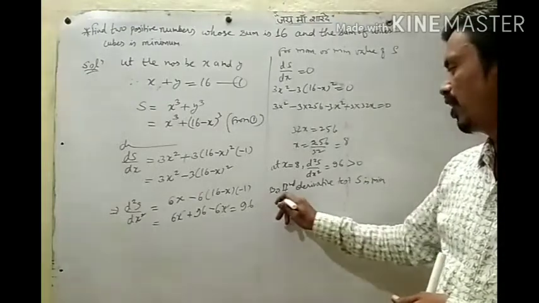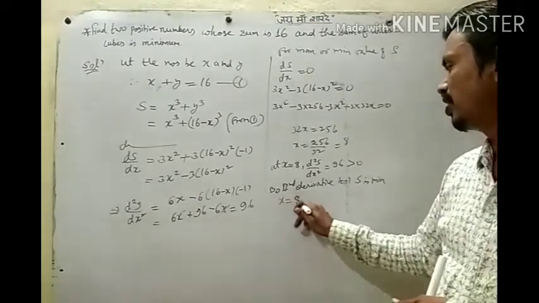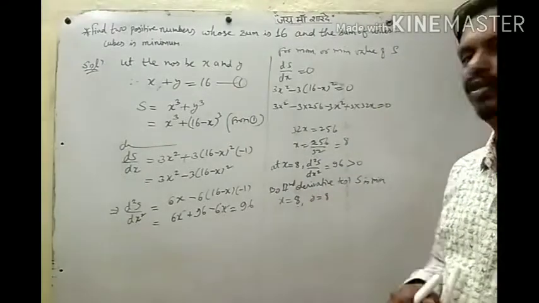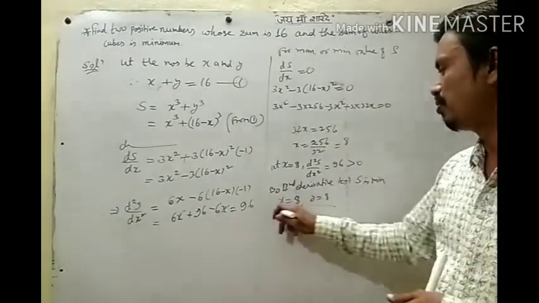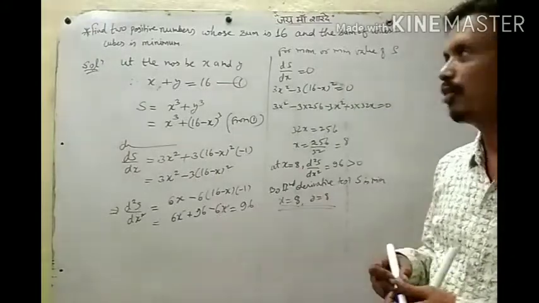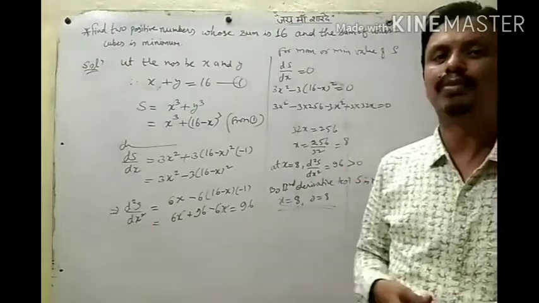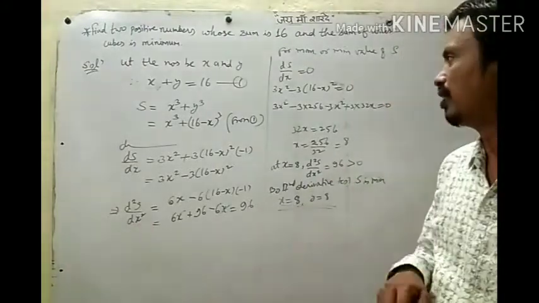Okay, so x equal to 8, and if you put this in the first equation, we get y also equal to 8. So these are our required numbers. 8 and 8 will give you sum 16, and their sum of cubes will be minimum.